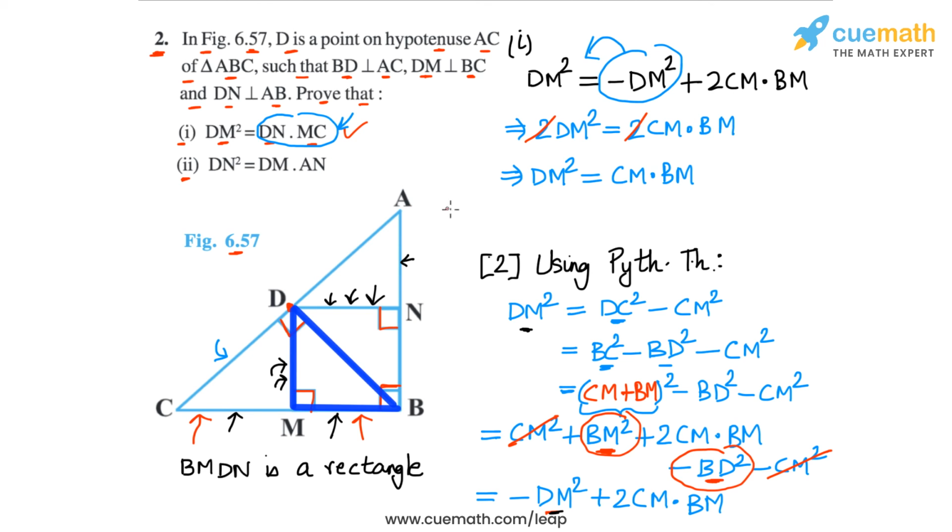But once again, it's easy to see that BM is the same as DN, as we observed earlier, because BMDN is a rectangle. So BM and DN are the same. So instead of BM, let's write DN. So we have DN, and then the second multiplier is CM, which we can write as MC. It's the same thing. Okay, so once again we have obtained the result that DM square is DN into MC.